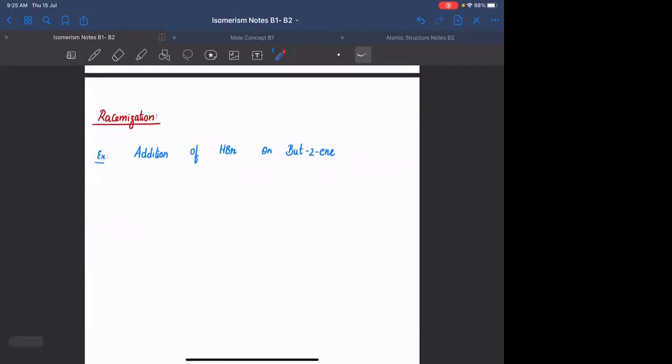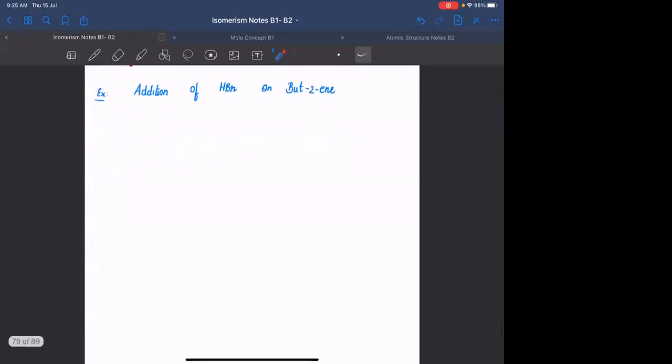Next, racemization. We will understand what is meant by racemization with the help of an example. You are adding HBr on butene. Okay. ये reaction हमने electromeric effect, when we studied electromeric effect, तभी भी समझा. Butene is CH3 CH double bond CH bond CH3.